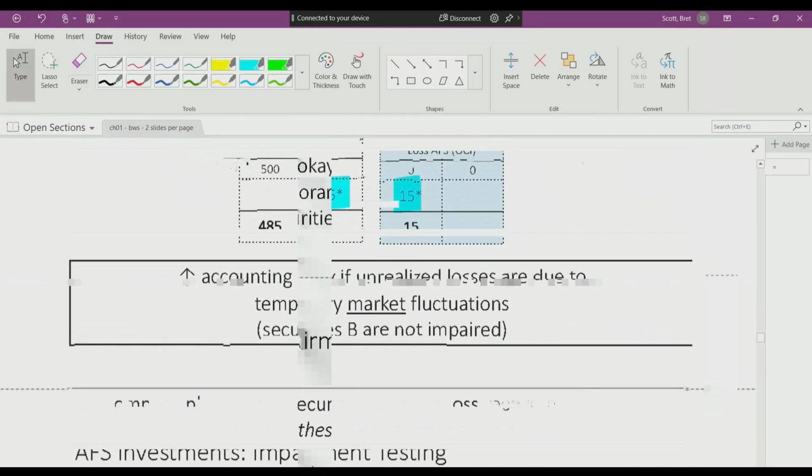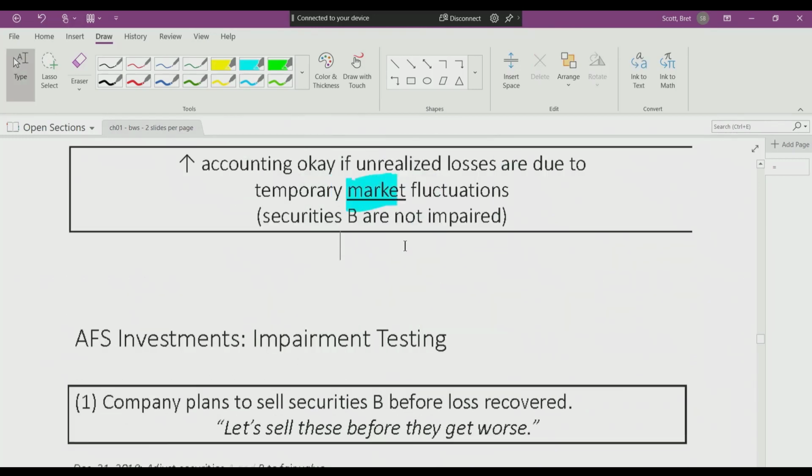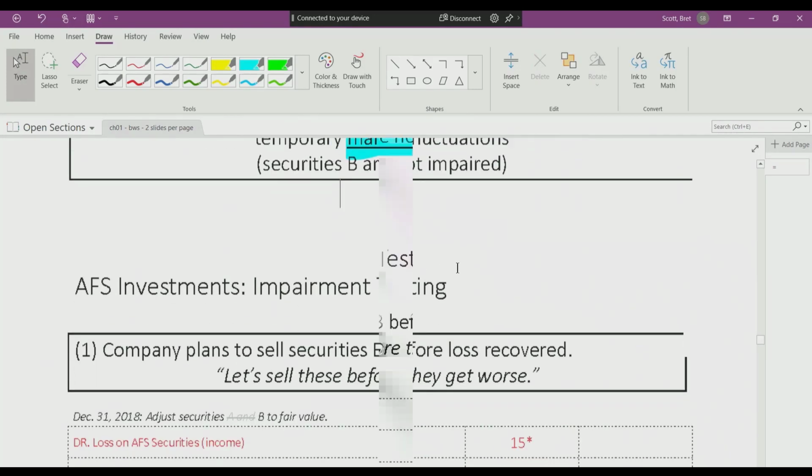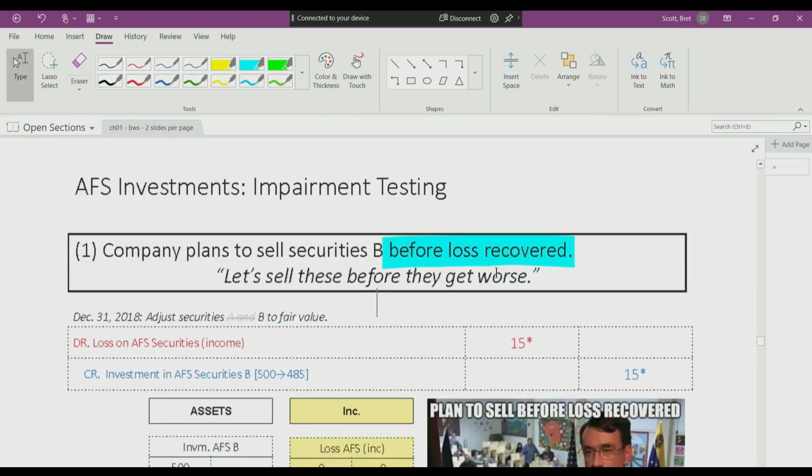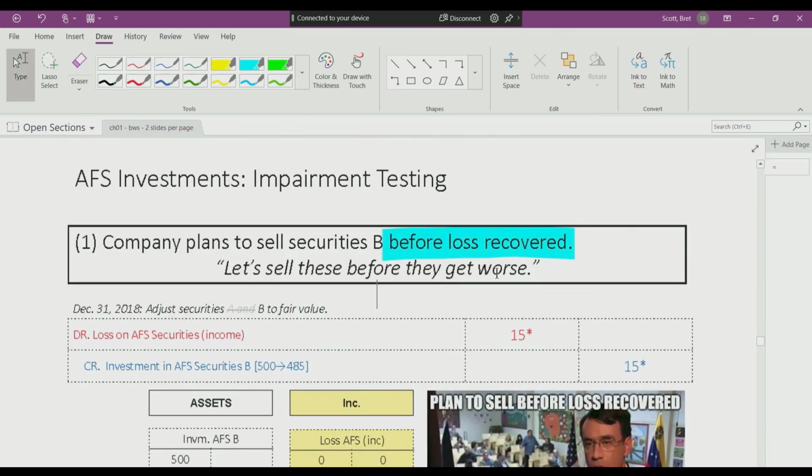Given that's just for market fluctuations, what if the decline is not because of market fluctuations? What if we look at the decline and we say, you know what, we better get out of this security. In fact, we better sell this right away because we want to get our cash now. If we think we can't hold on to this long enough for it to recover, then what the FASB says is do not simply record the loss to OCI.